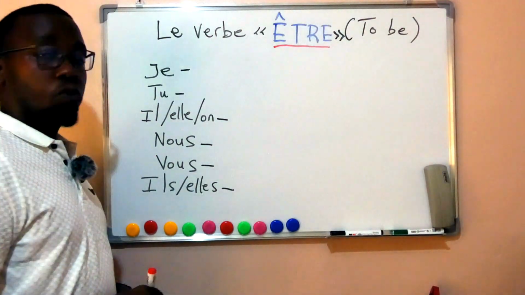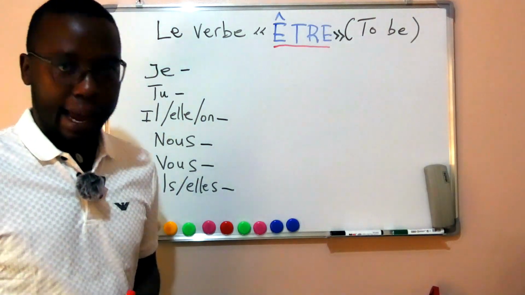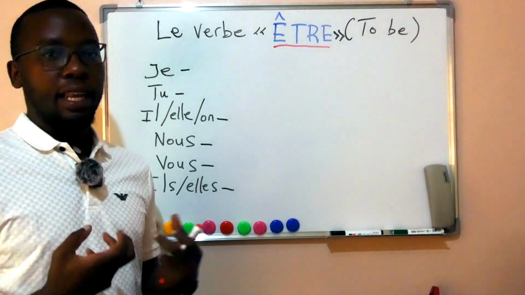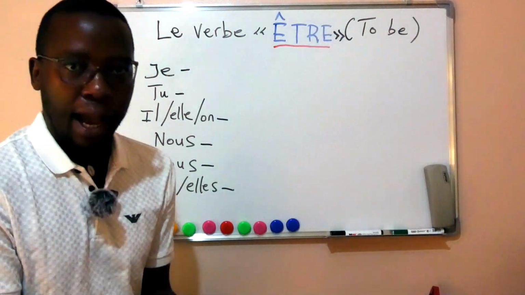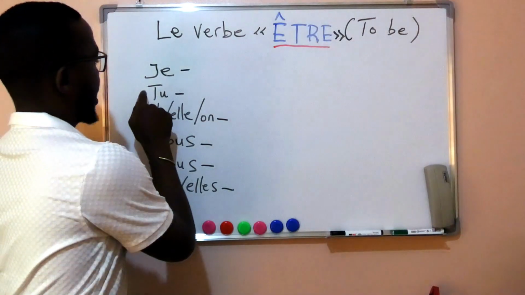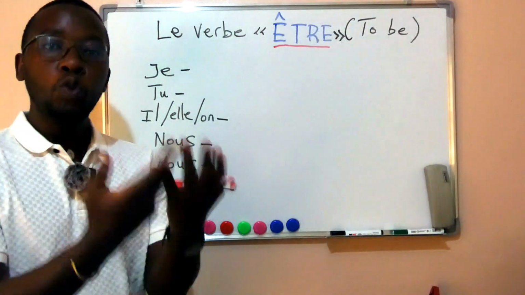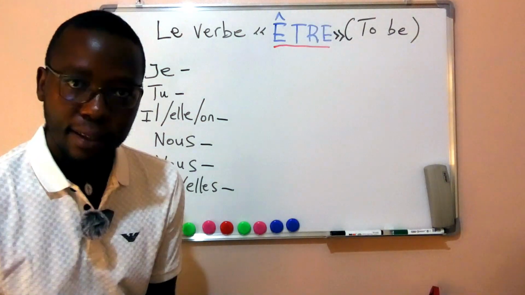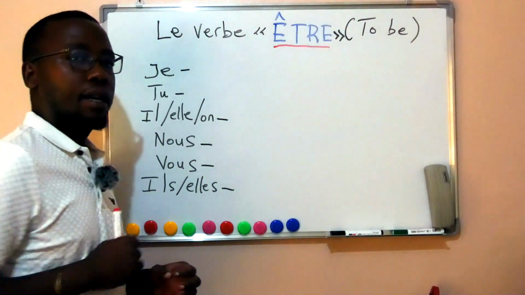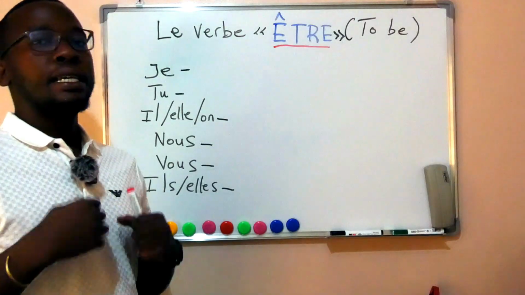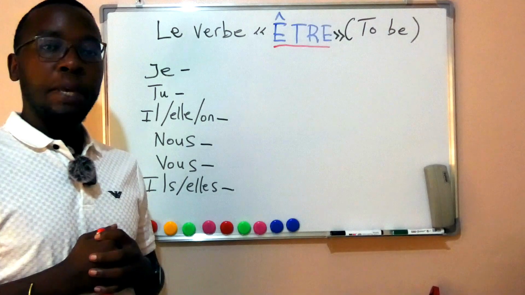For example, the first one is je, which means I. In Luganda they say nze. And then we have tu, you, gwe in Luganda. And then we have il, which means he, and elle means she.